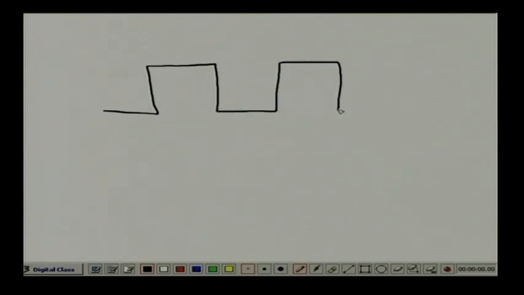Suppose I have the signal here. This is a wave, and we can have another wave like this.